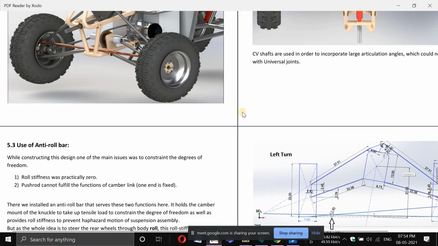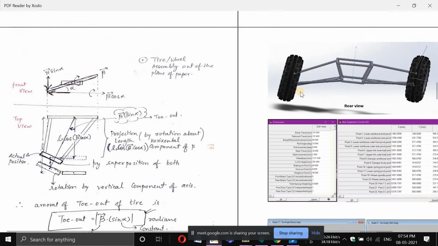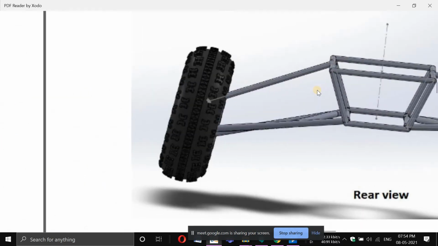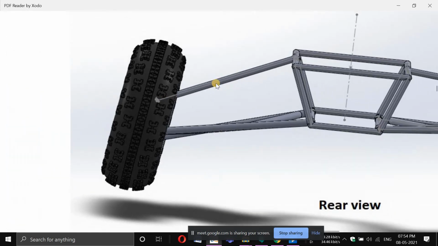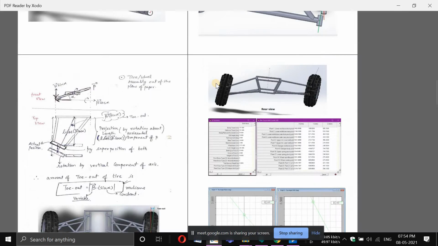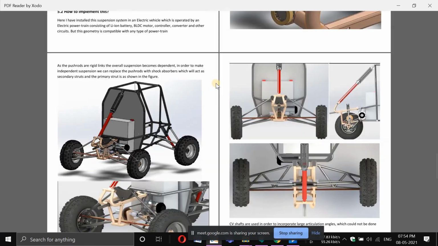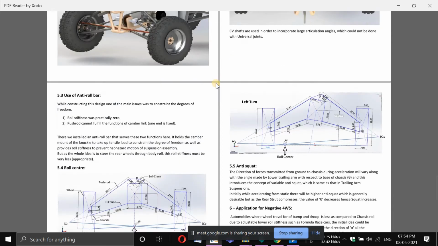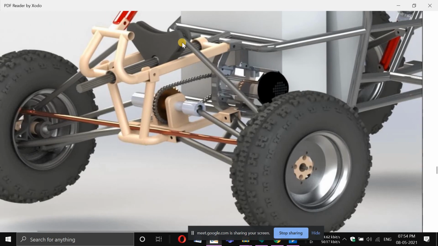The camber link is this link. In the first design, this upper link, if you could see, is the camber link, which controls the camber movement of the vehicle. Those push rods were mounted on a bell crank, and that bell crank itself was dynamic.